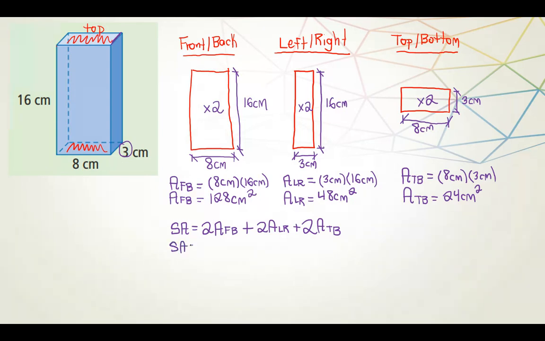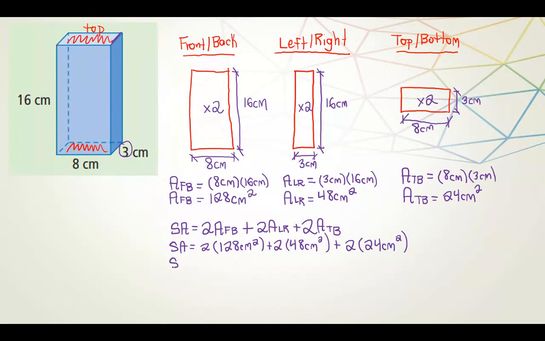So my surface area would be equal to 2 times the area of the front and the back, which is 128 square centimeters, plus 2 times the area of the left or right face, 48 square centimeters, plus 2 times 24 square centimeters.